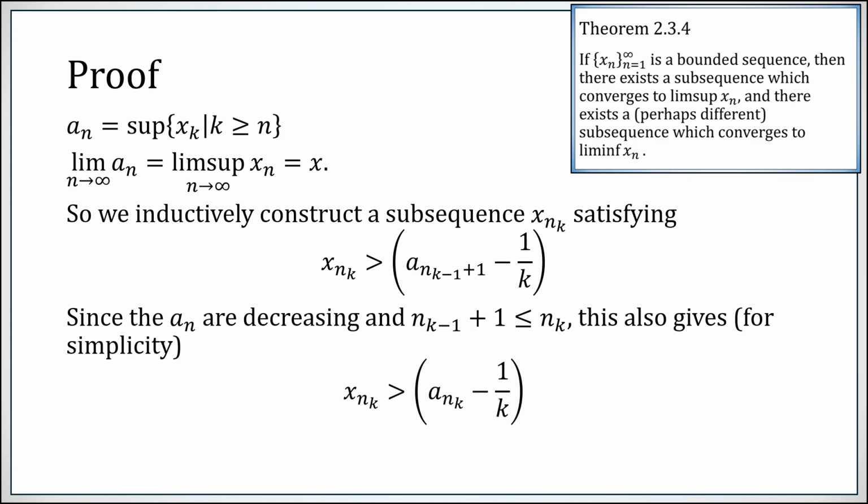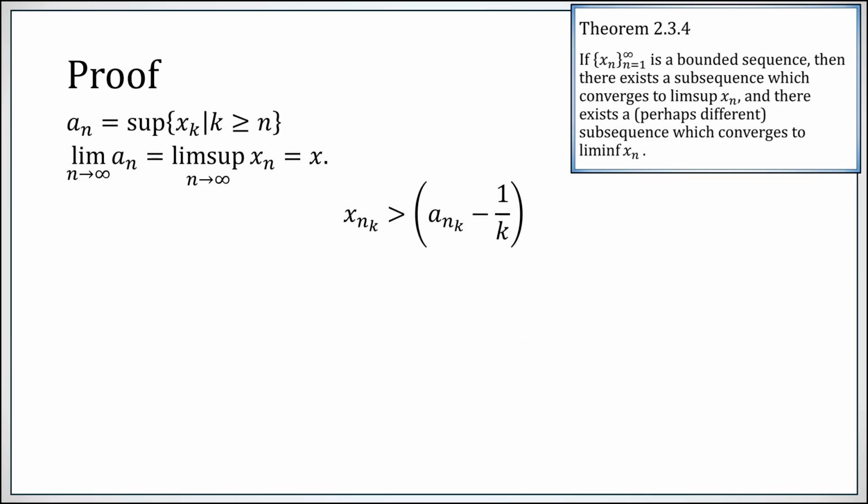So just to simplify things a little bit, we can say x_{n_k} is bigger than a_{n_{k-1}} minus 1 over k. If this is bigger than a thing minus something, and I simply make that even smaller by increasing this to make this subscript larger, because remember the a_n's are decreasing. So if I replace this index with a larger one, I've only made it smaller. This inequality still holds, and this is just an easier thing to look at than all of these plus or minus ones floating about.